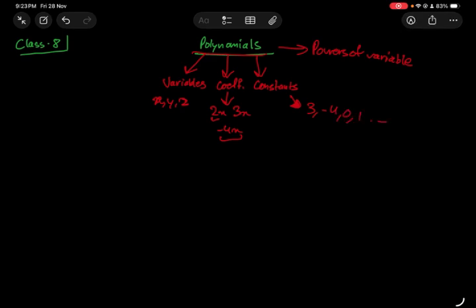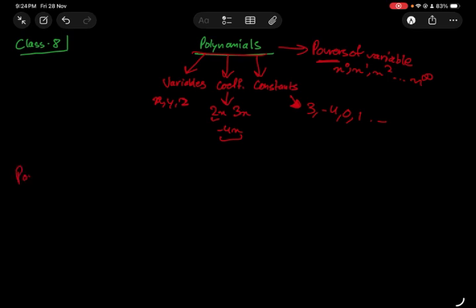Now the powers of the variable are actually very important. So they include x power 0, x power 1, x power 2, and till x power infinity. Now what you have to understand about the powers of the variable is that they can never be negative or fractional.